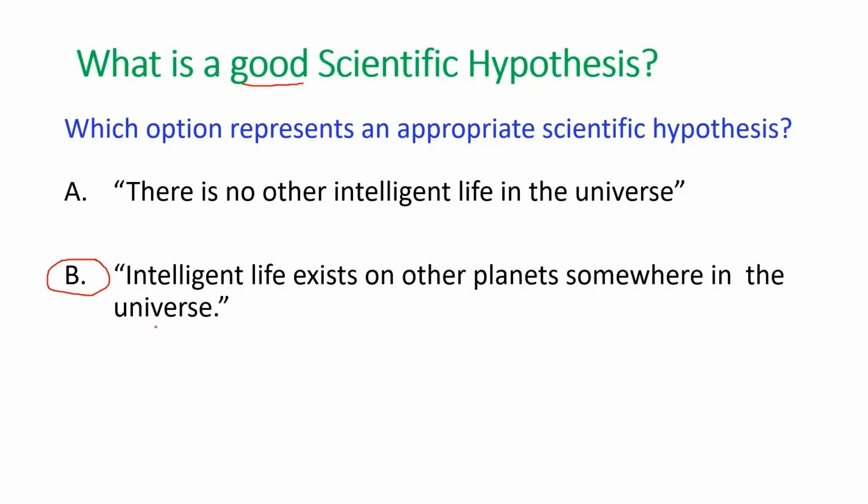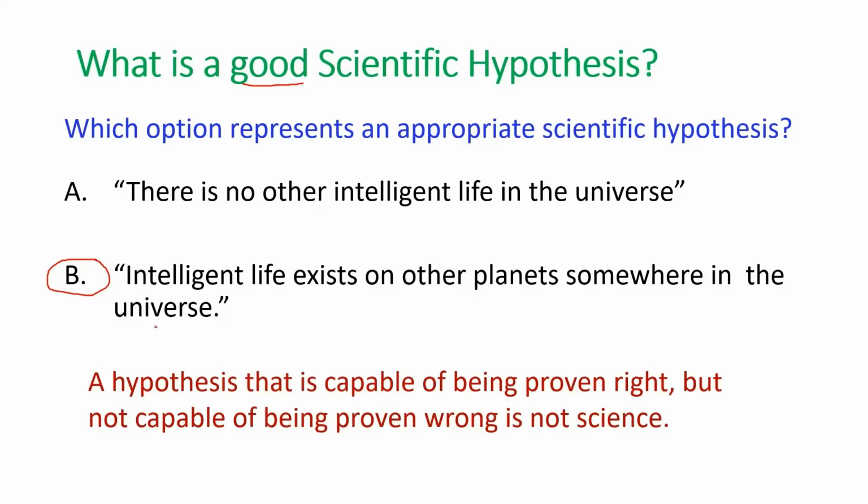Intelligent life exists on other planets somewhere in the universe. That does make sense to me. It's certainly the most optimistic choice. It seems like something a scientist would say. But there's an issue that we need to consider. A hypothesis that is capable of being proven right, but not capable of being proven wrong, is not science.